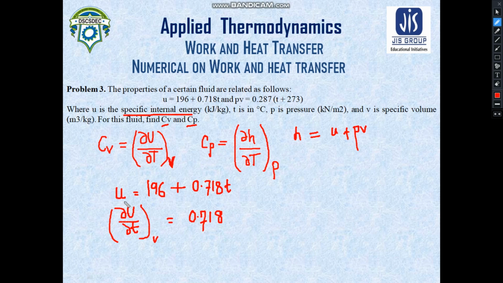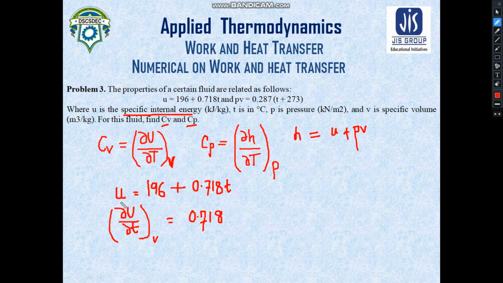As you can see, u was equal to 196 plus 0.718 t. In the problem it was expressed in small t, but in the formula we have written it as a capital T. So this t and this T are the same thing. They both represent the temperature. I hope you are not having a problem in understanding it.